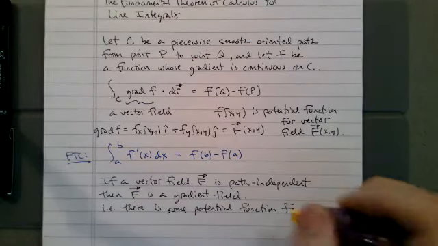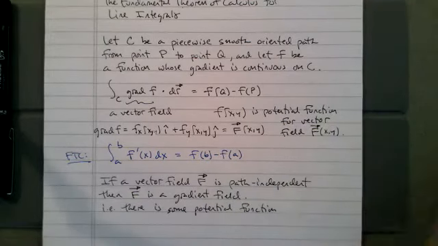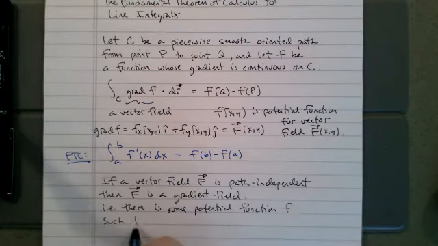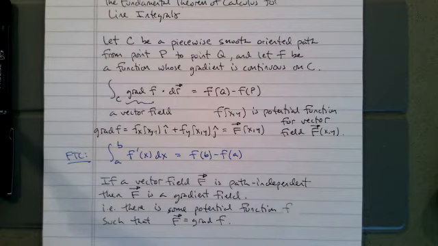My little f's look way too much like big F's. Little f, such that F is the gradient of little f. If a vector field is path independent, then it is a gradient field.